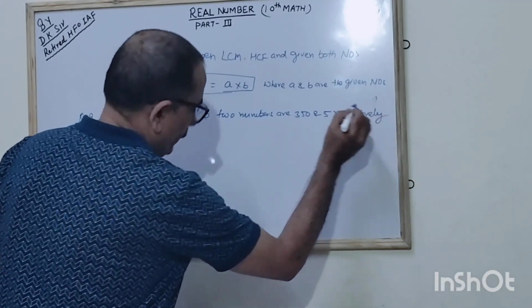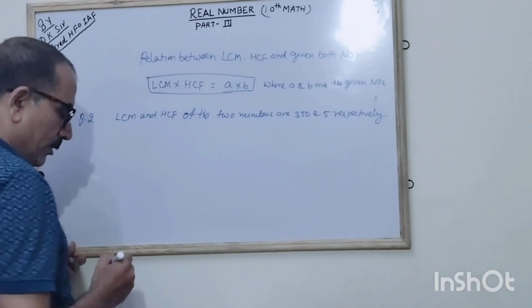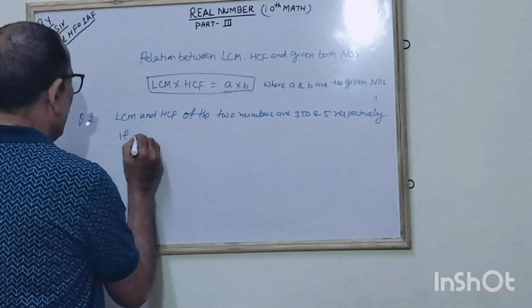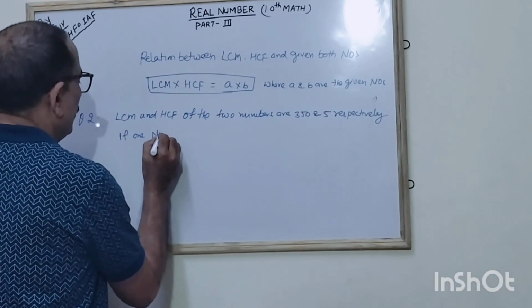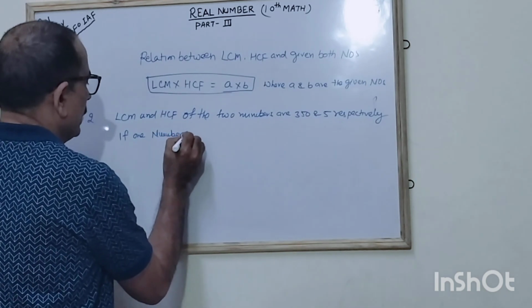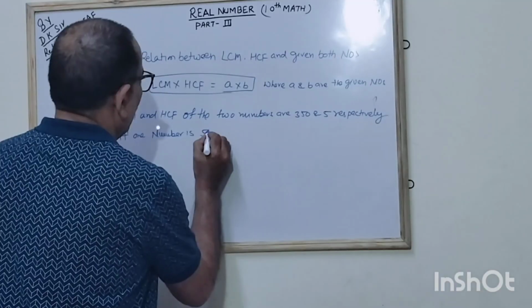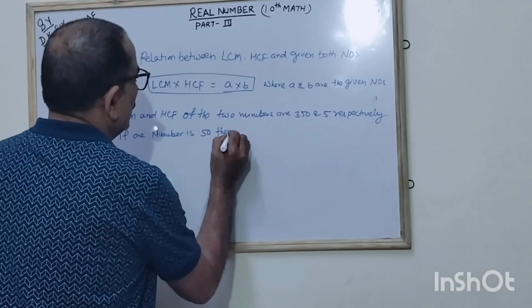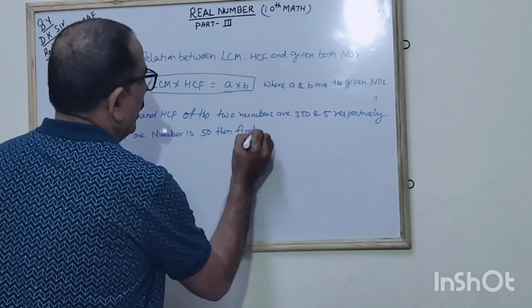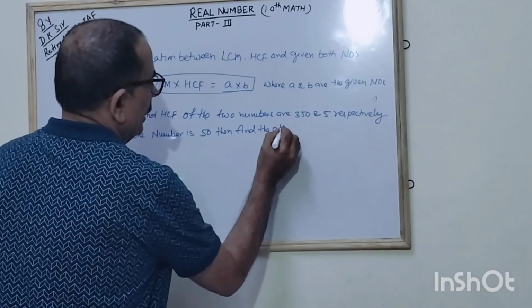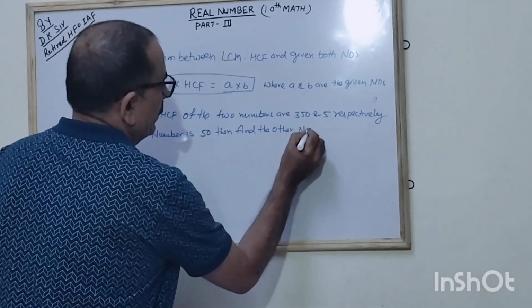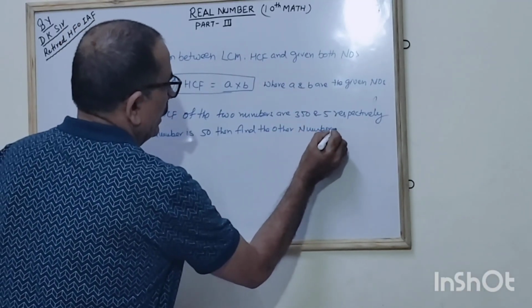If one number is 50, then find the other number.